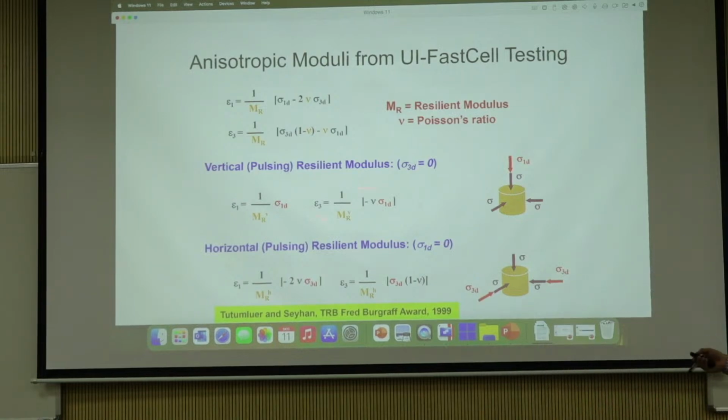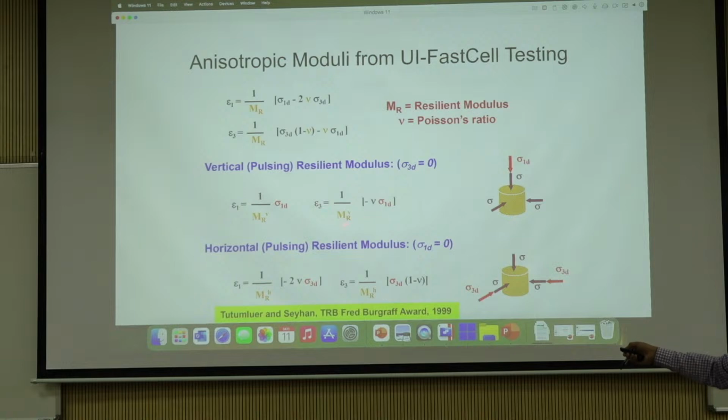When vertical pulsing only, sigma 3d is 0. So this term becomes sigma 1d over MR is epsilon r. Isn't that what you are working with to start with? Yes? In that case, epsilon 3 is just the Poisson's effect, right?